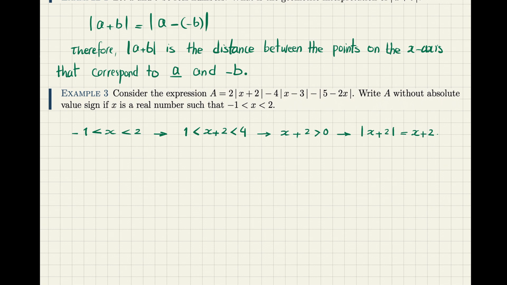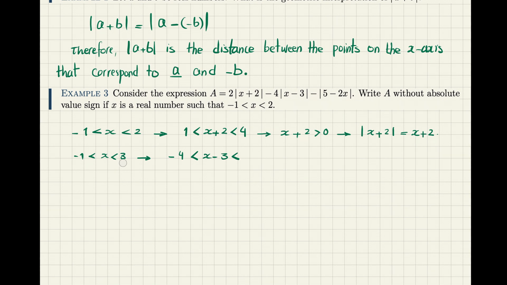Let us do it one more time for the second term. You are telling me that x is between minus 1 and 2. Okay, I want to infer something about x minus 3, so it motivates me to subtract 3 from every side of this inequality. So minus 1 minus 3 becomes minus 4, x minus 3 becomes x minus 3, and oh, sorry, I made a mistake in writing this here.